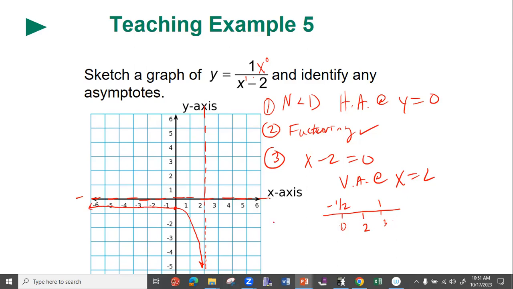At 3, I know it's at 1. So I'm going to use this point to help follow my asymptotes. And that would be your sketch. If I have more asymptotes, then I have more things to go to the left and right of. Does that make sense? Well, we only have one asymptote, so that's all we had to do.